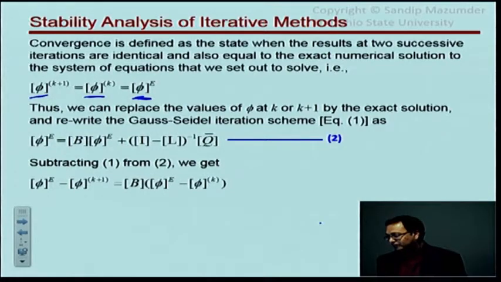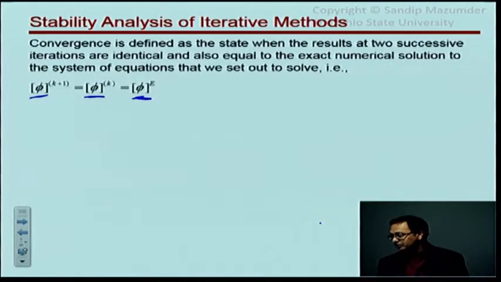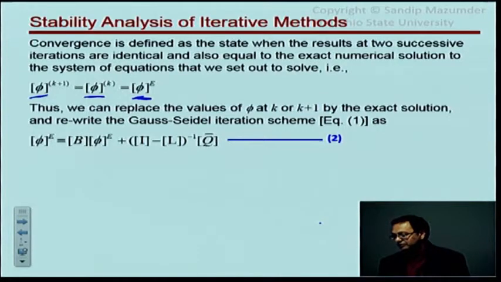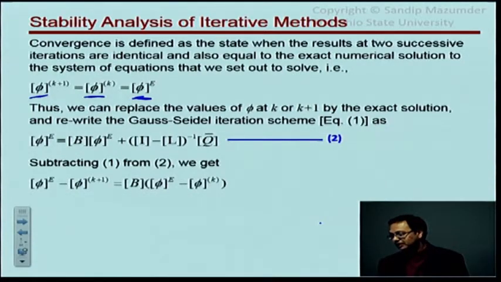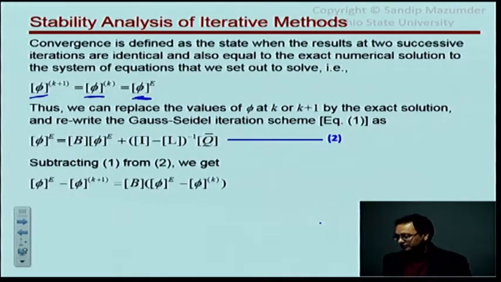If I subtract one from the other, equation number 1 being the iteration equation, and equation number 2 being the iteration equation written with the exact solution, then I get that phi exact minus phi k plus 1 is B times phi exact minus phi k.